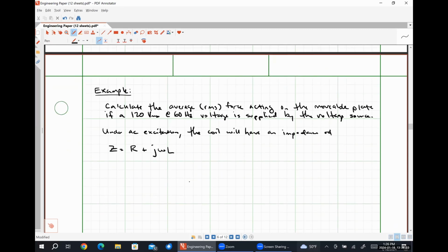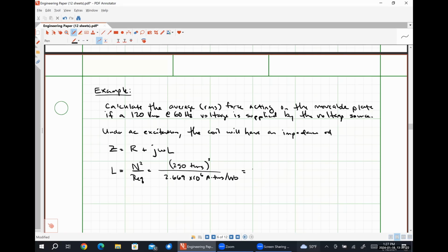The coil's inductance value, L, is the number of turns squared divided by the equivalent reluctance. So that's 250 turns squared divided by 2.669 times 10 to the 6 amp turns per Weber.